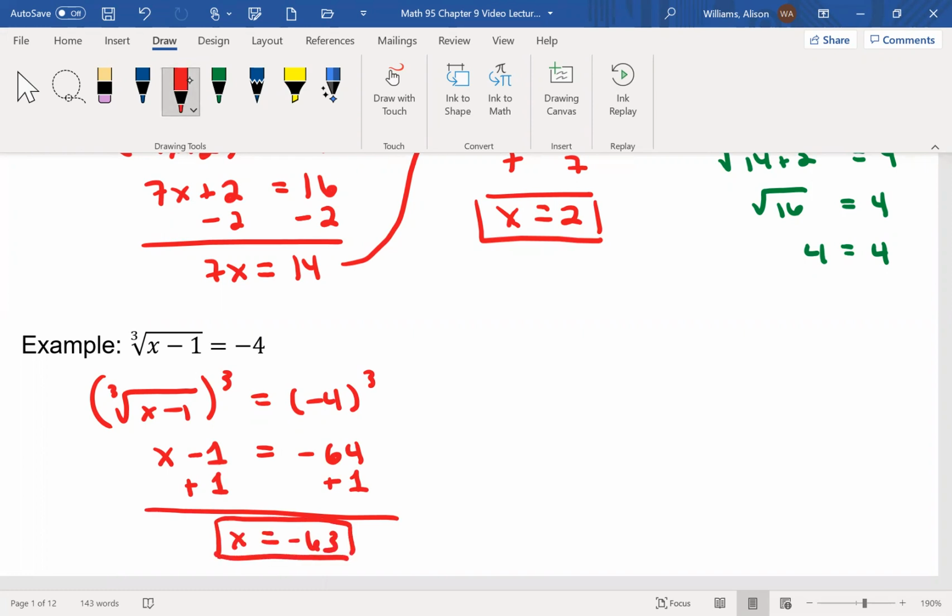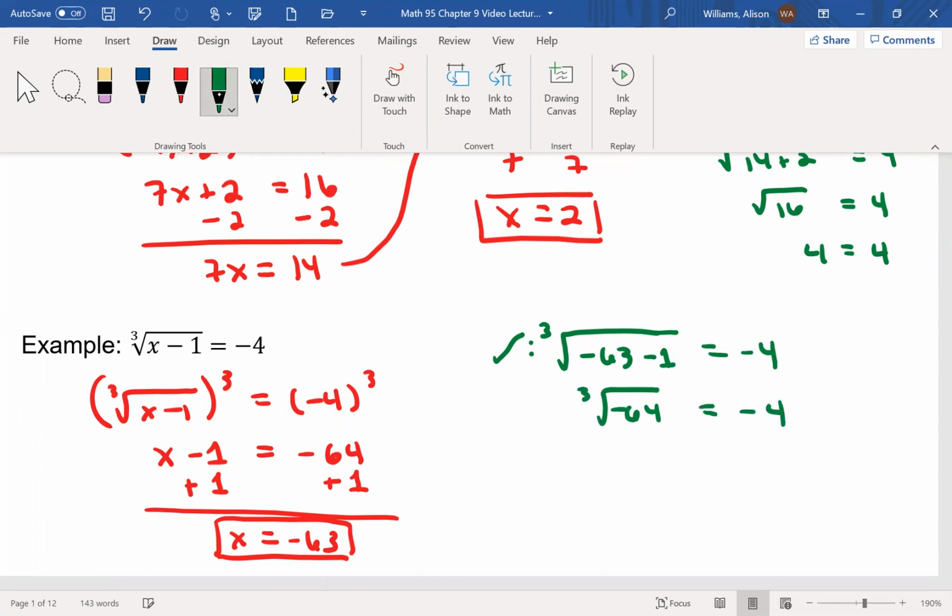which I could check. And I'm going to do that for a few of these because I want to drive a point home about it. So if I plug in negative 63, all right, let's see. Negative 63 minus 1 is negative 64. Okay, so what cubed gives us negative 64?